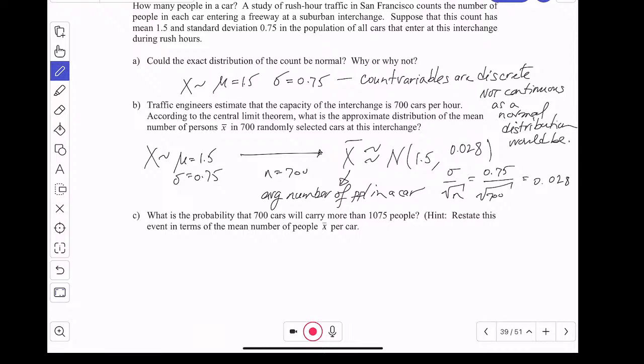So again, like I did before for the problem about the cartons of eggs, I have to adjust that to be an average number, not the total. This is the total.